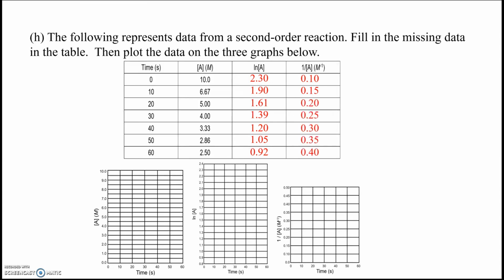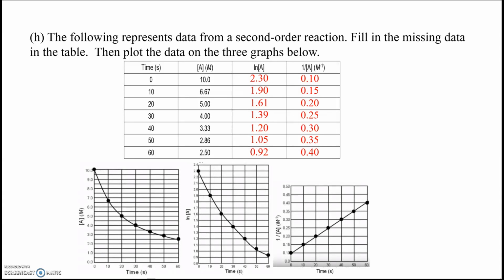And when you plot these, each of these, A versus t, the natural logarithm of A versus t, and 1 over A versus t, you get 2 curved lines and 1 straight line. And we are going to pause the video right here and come back and finish in a minute.